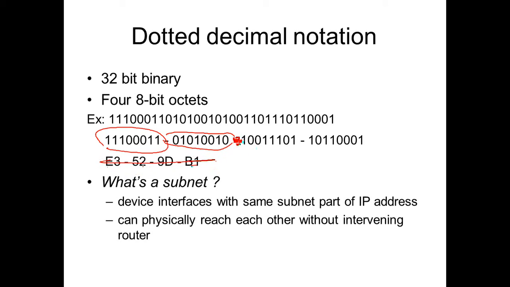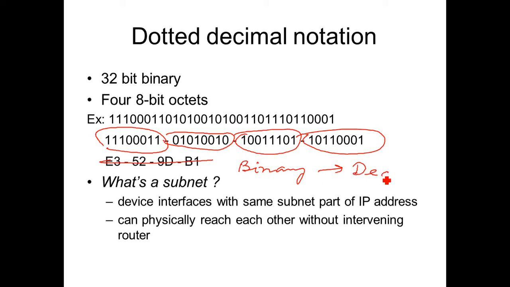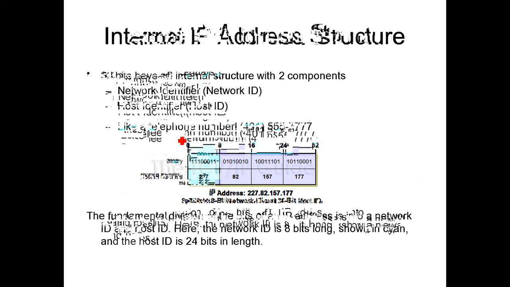If you convert this address into an IP address, you need to know how to convert a binary number to a decimal number. We will learn this. Generally this is a 32-bit binary address, and we represent it with dotted decimal. We'll talk about subnets later.